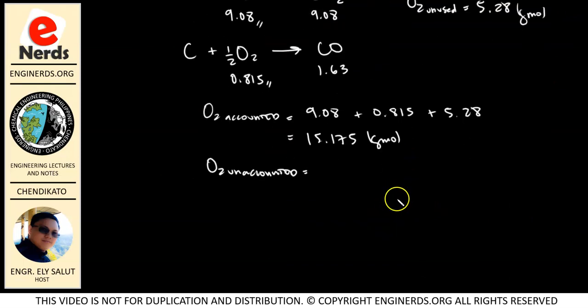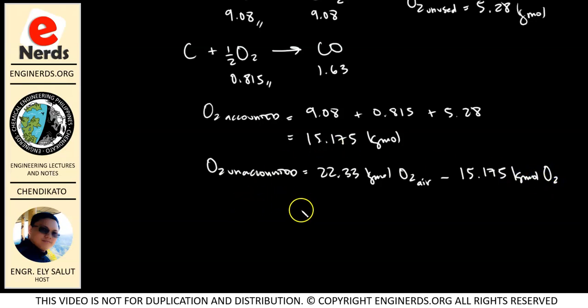So we have 22.33 kilogram mole of O2 from air minus the oxygen that was used and present in our Orsat analysis, so minus 15.175 kilogram mole of O2 accounted.